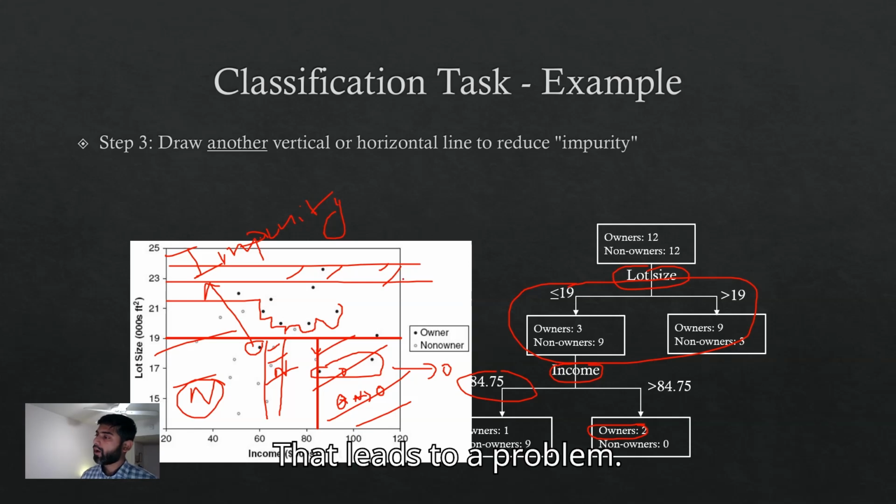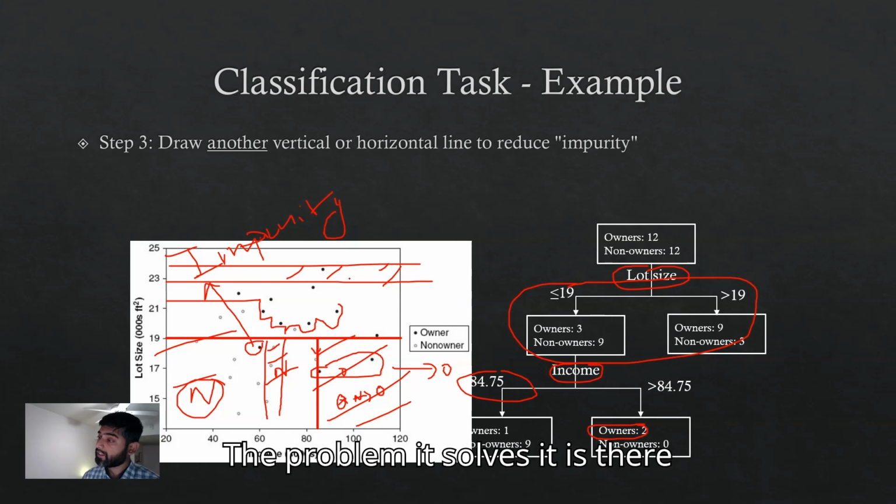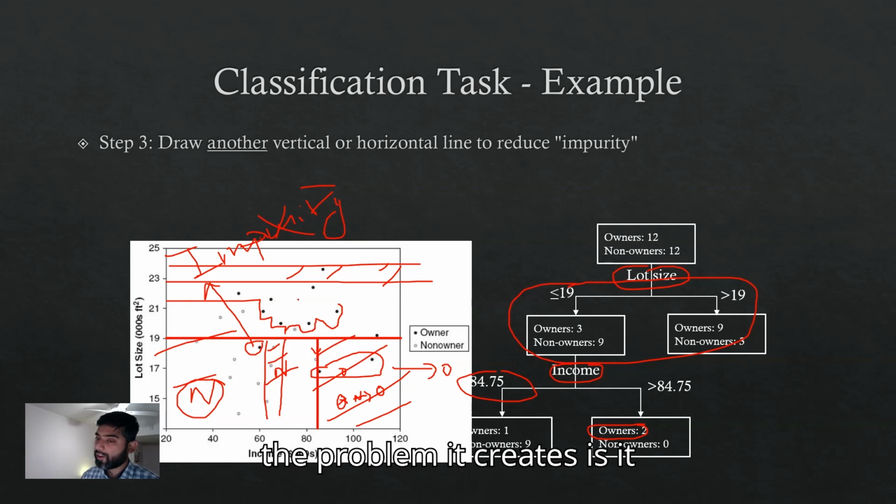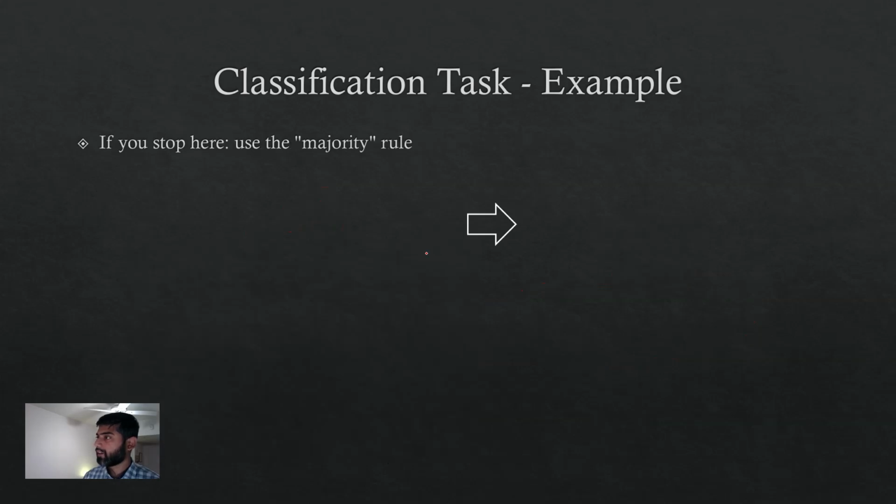That leads to a problem. The problem it solves is there are no impurities. But the problem it creates is it overlearned from that data. The overlearning is called overfitting the dataset. So we already looked at the majority rule.